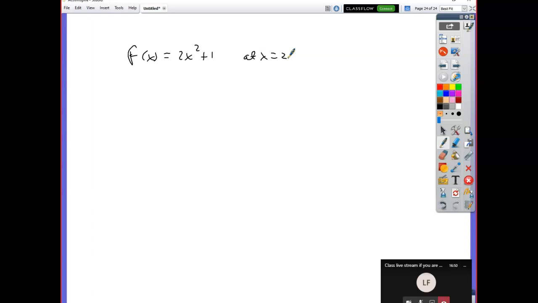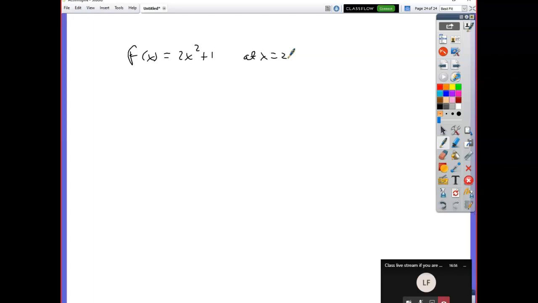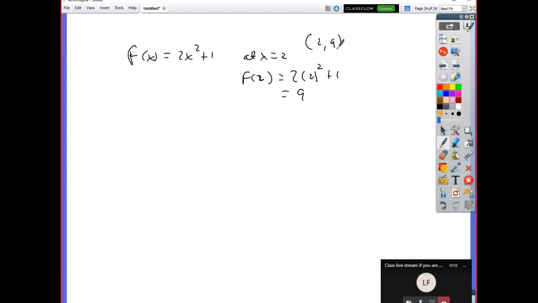Plug 2 back in. Actually, oddly enough, that's the hardest part of this problem. People forget this part. Like, well, how do I get a y? I plug back in the original equation, right? Okay, so f of 2 would be equal to 2 squared plus 1. That gives me 9. So the point of interest is (2, 9). Mr. Sneerly, how am I going to find the slope?